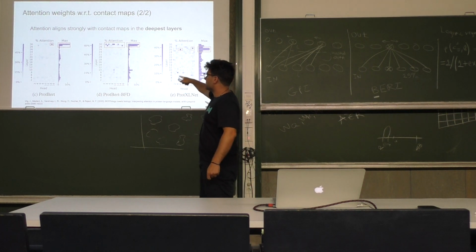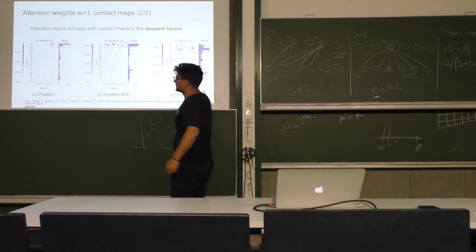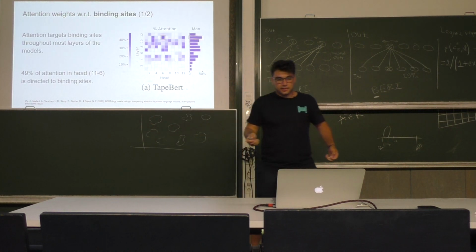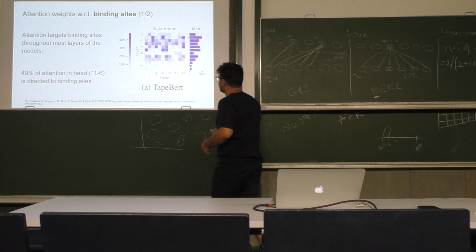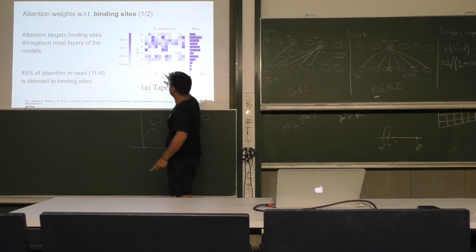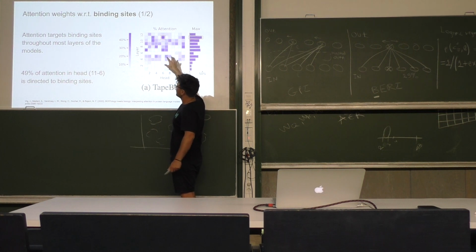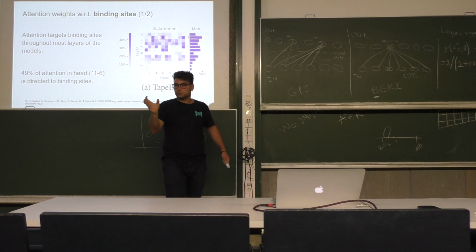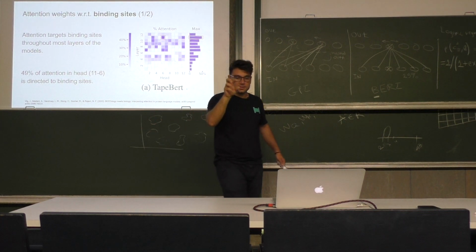These are just even more illustrations to see this is true across different models. And regarding binding sites, you can see that many heads from different layers attend with a very high probability to this area of interest, which is the binding site.